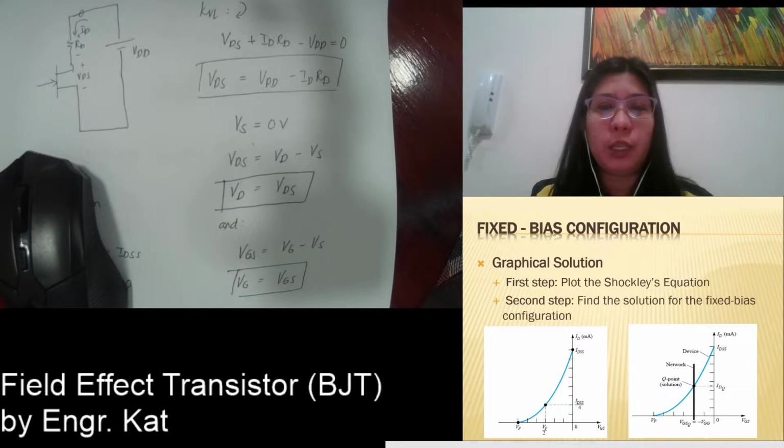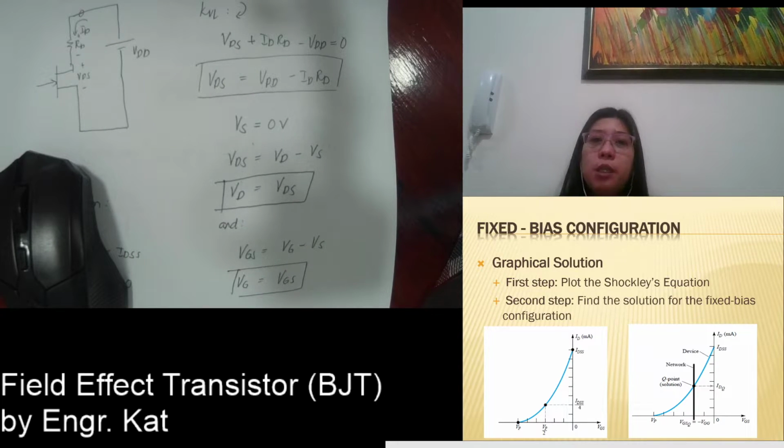The first step is we need to plot your Shockley's equation. From the previous video, I have already taught you how to plot your Shockley's equation. So that you can plot your transfer curve, you will be needing different points in order to plot properly your transfer curve.